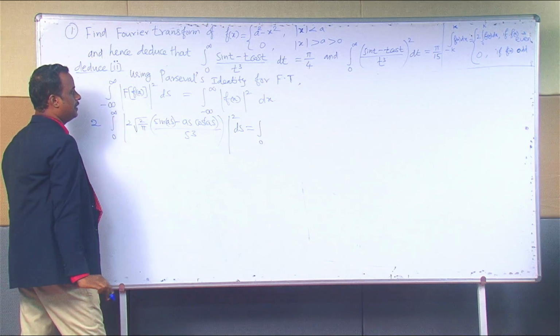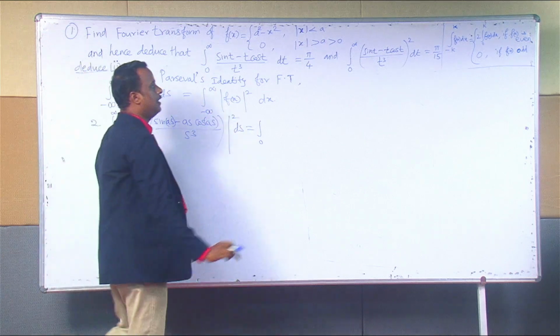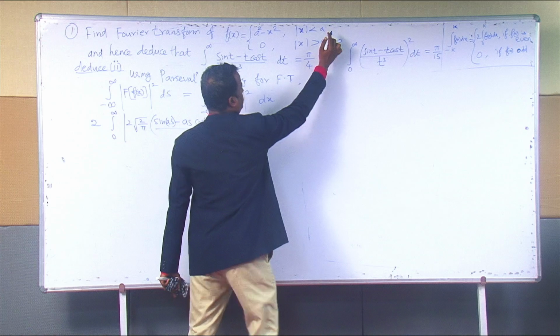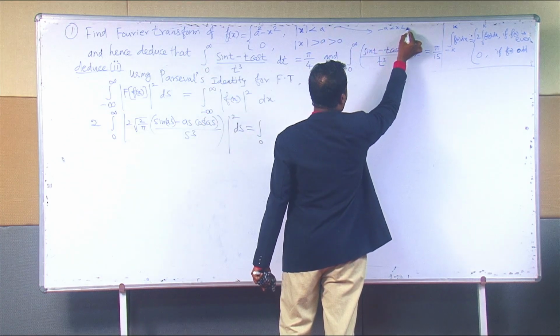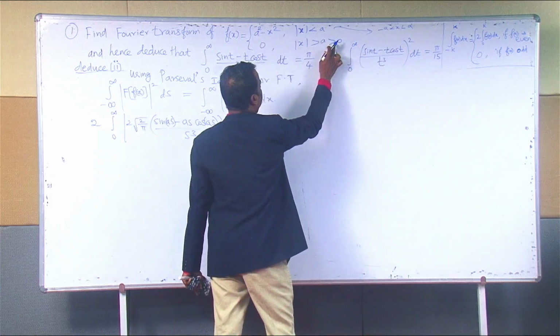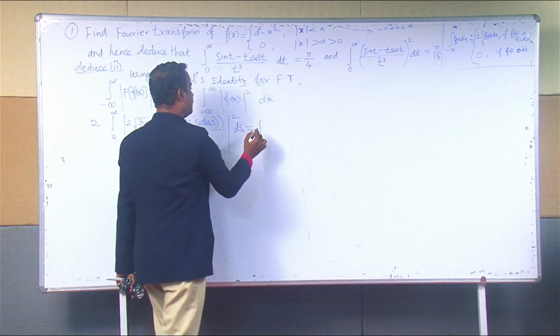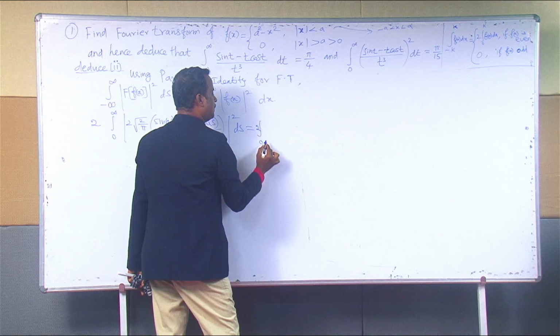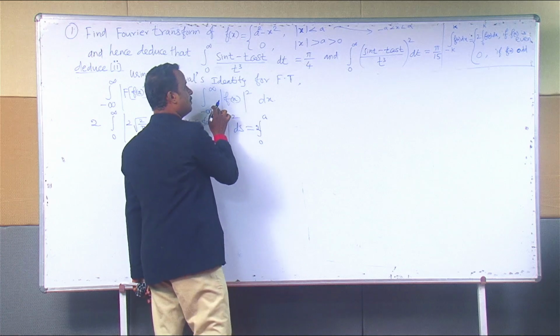integral 0 to infinity. Instead of minus infinity to plus infinity, this f of x is defined for minus a to plus a, that is minus a less than x less than plus a. Otherwise, all other cases become 0. So instead of minus infinity to plus infinity, we can write 2 times of integral 0 to a, because the function is defined for minus a to plus a.